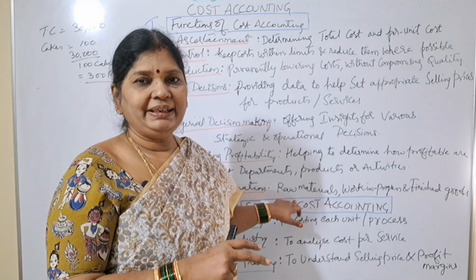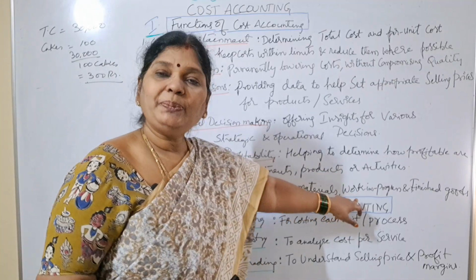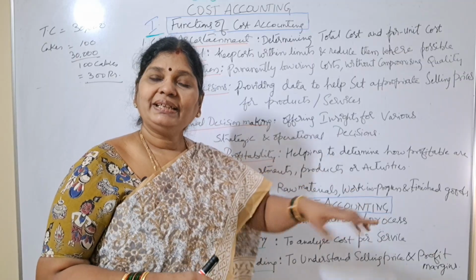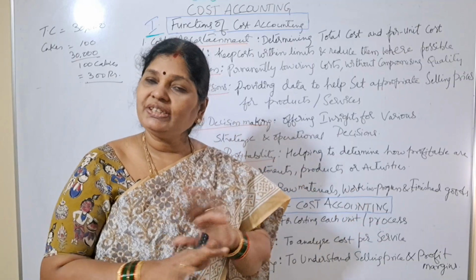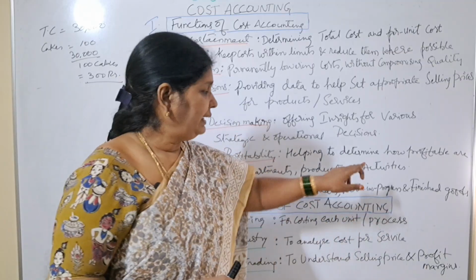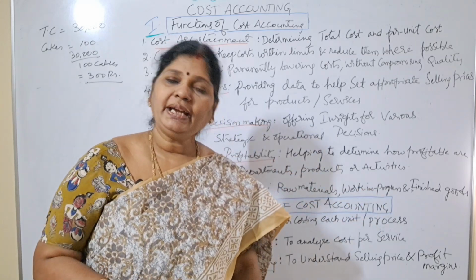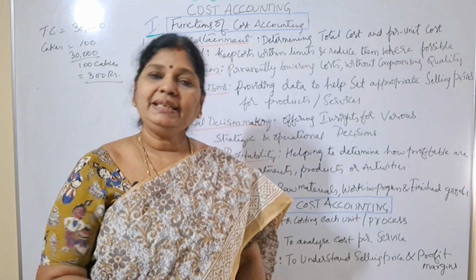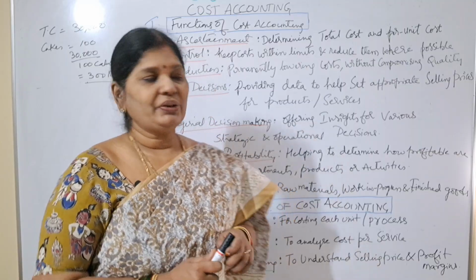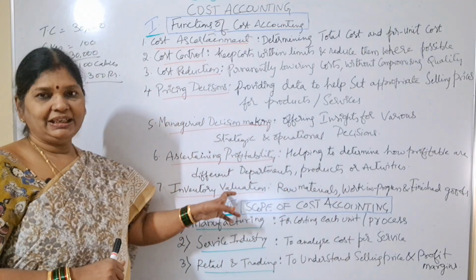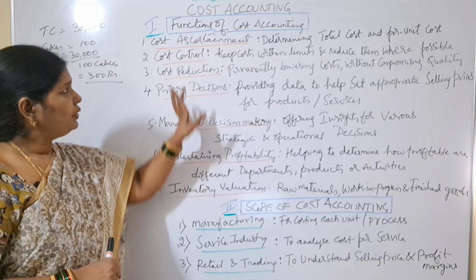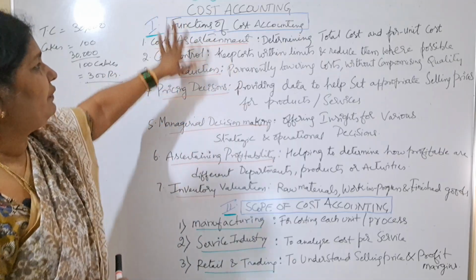Work in progress means the cakes which are prepared but decoration is not done. And the third one, finished goods, means the cakes are already prepared and ready for sale. All these three are to be valued. So it is called what? Inventory valuation, right?